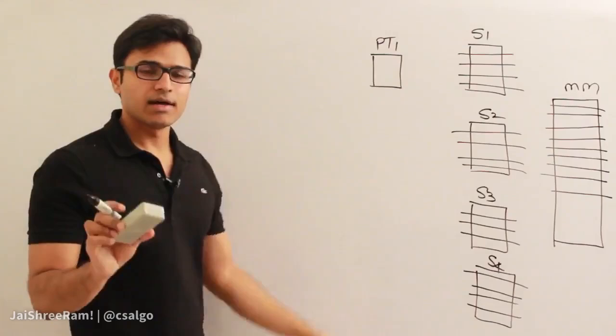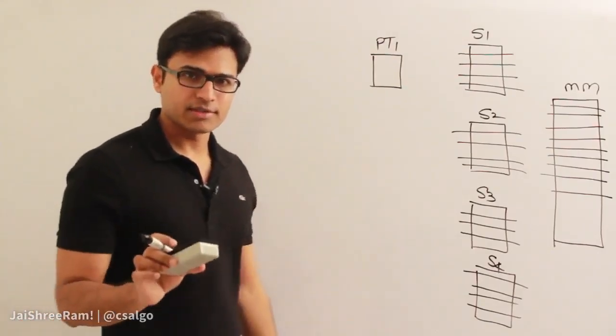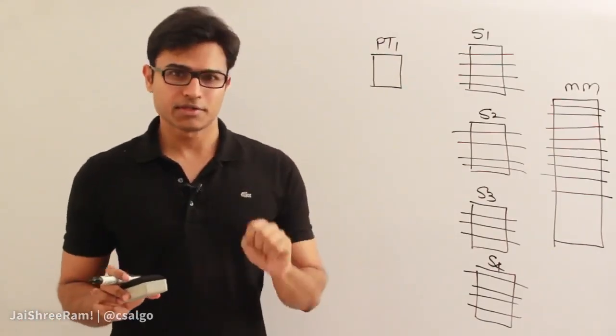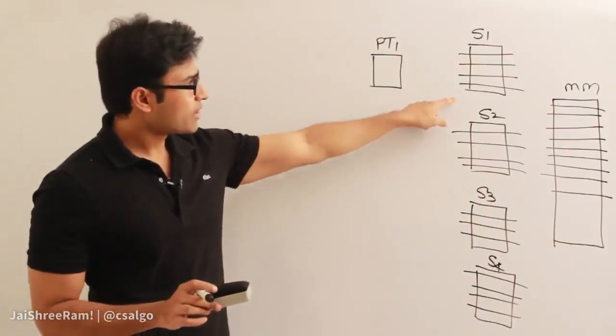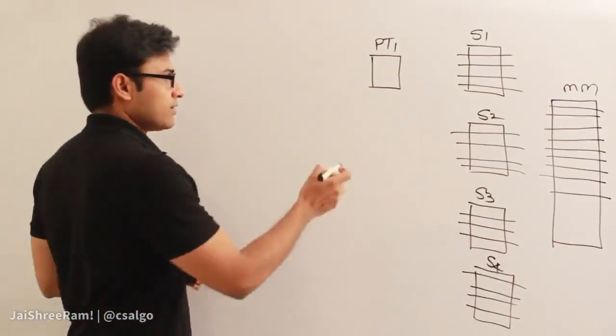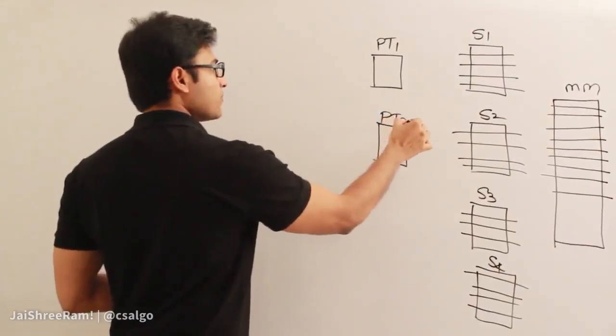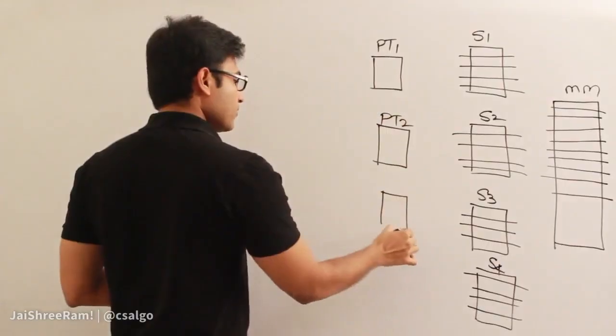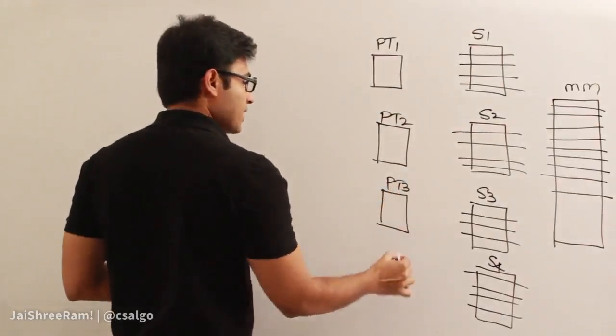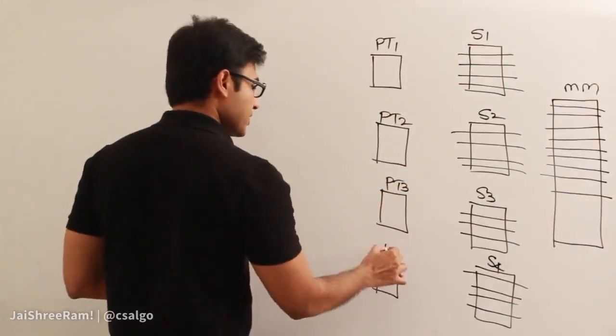Remember this: earlier, the entire process used to have one single page table, but here every segment will have a page table. Similarly, there will be one more page table for segment 2, one for segment 3, and one for segment 4.